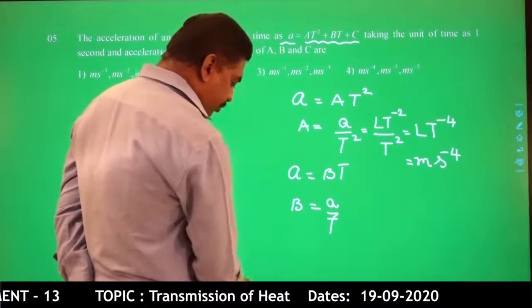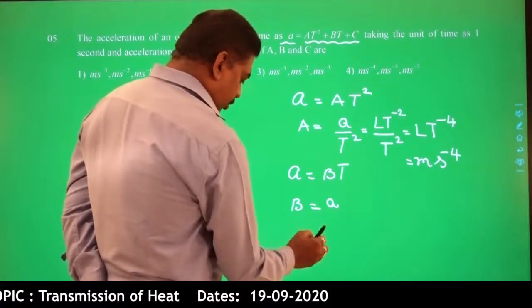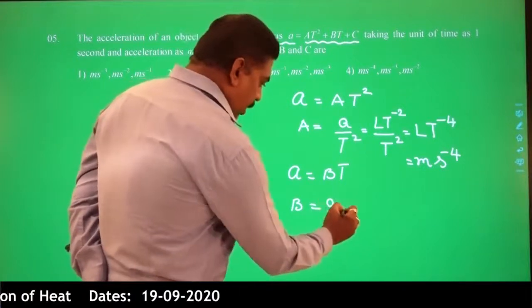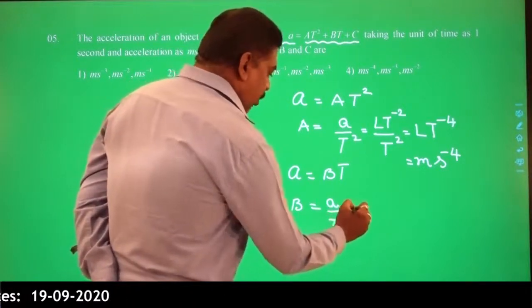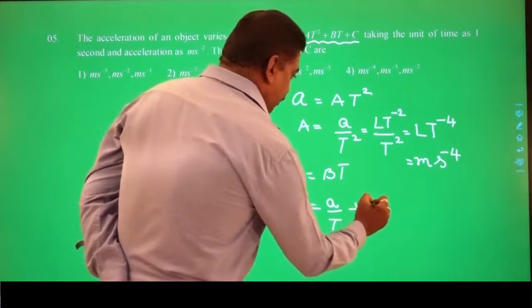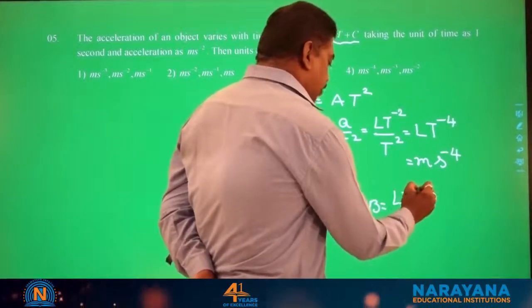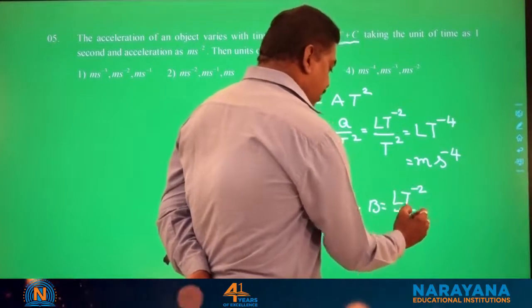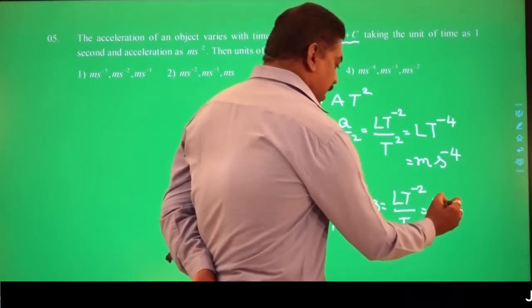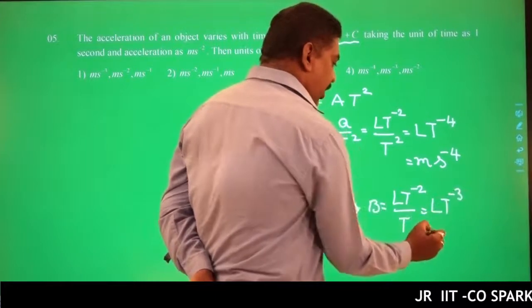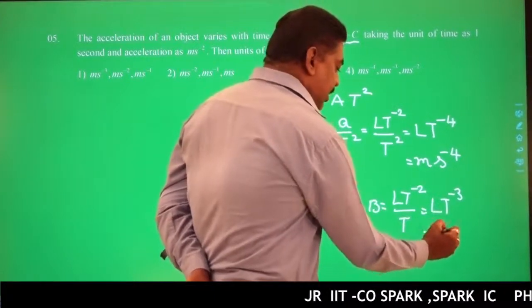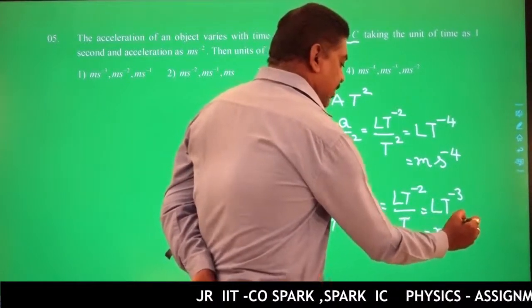Okay, fine. So B equals L T power minus 2 divided by T is equal to L T power minus 3. Length is meter, second inverse 3.